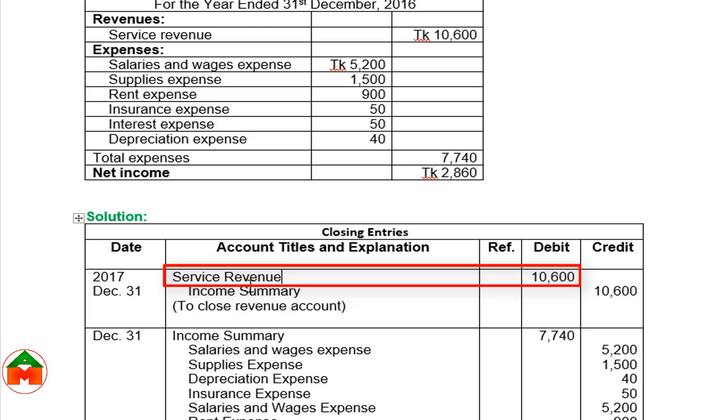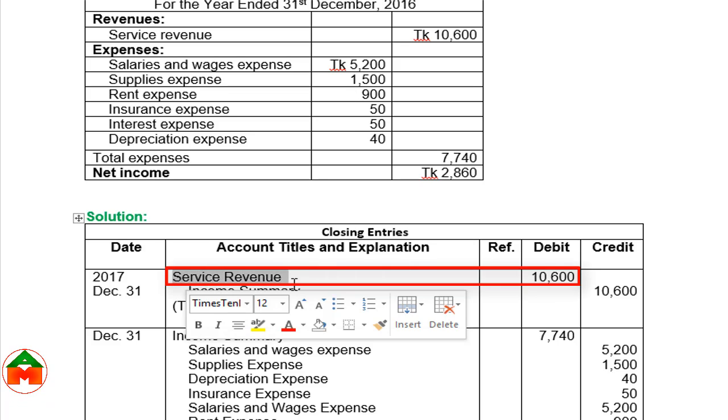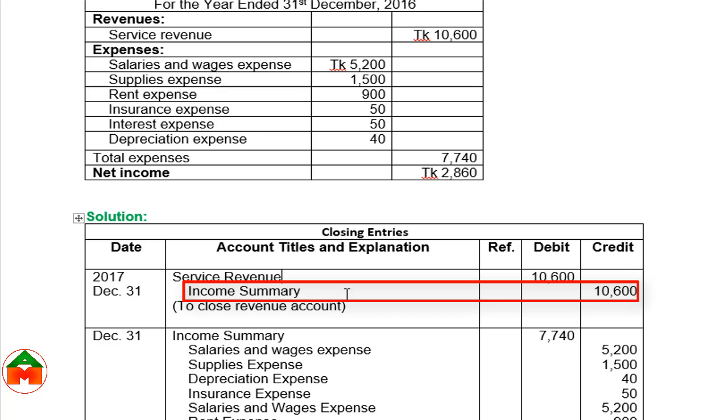Generally, service revenue is credit, but here our purpose is to produce a zero balance. That is why this credit item will be debited. So service revenue is debit with the amount of 10,600, and we will close this income with income summary. So income summary will be credit 10,600.